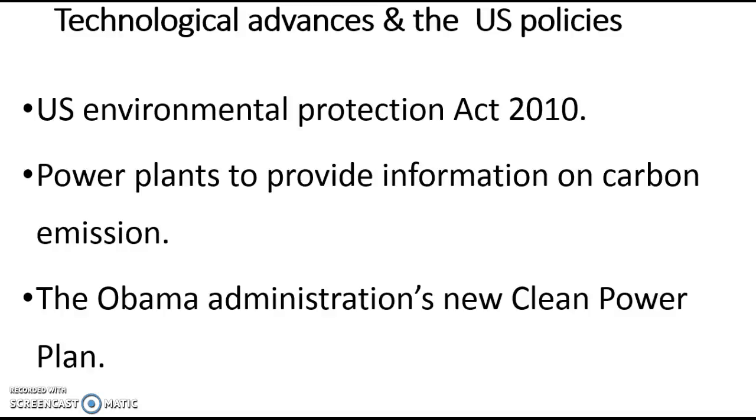Power plants have to provide information on carbon emissions. This has been another policy that the US government has created, that all institutions in power plants or energy production have to produce details of how much carbon emission they are producing to the environment. And this has been through the Obama administration, which has been very critical on the new clean power energy plan.